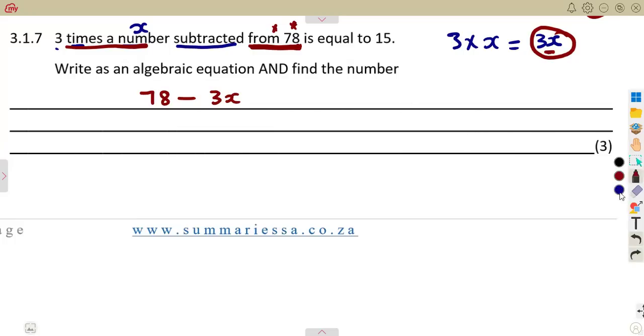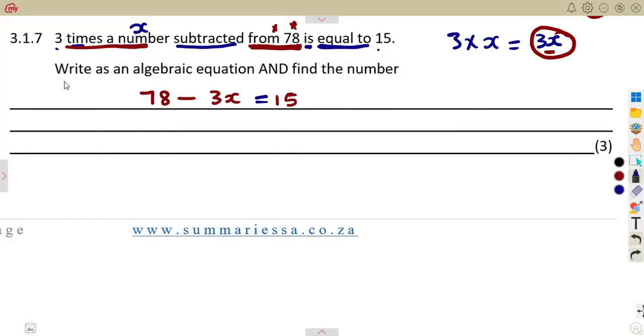So they are saying, when we have subtracted this from 78, is equal to, the moment that we are saying is equal to, that's an equation. We have formed an equation now. It is equal to what? To 15. Meaning to say, we have an equation, because we are saying this here is equal to this.